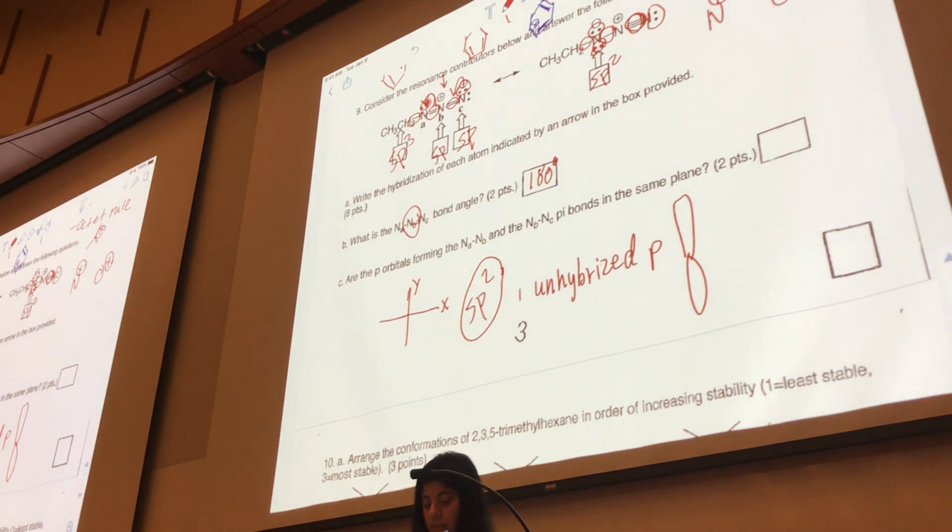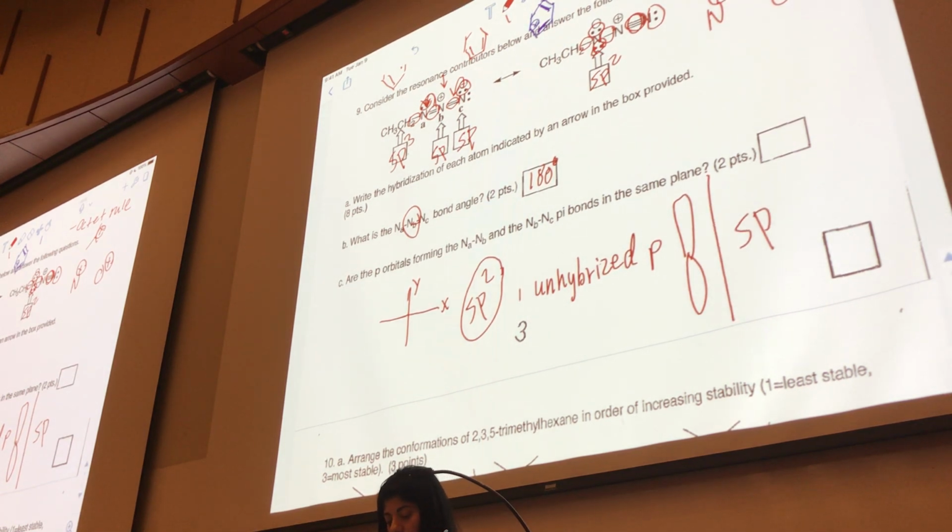Let's look at, for example, and these are the only ones where they could really ask this question, if we had a carbon or an atom that was sp hybridized, okay? So how many unhybridized p orbitals would we have for that? 2. 2, very good. Because sp3 would be your maximum, right?